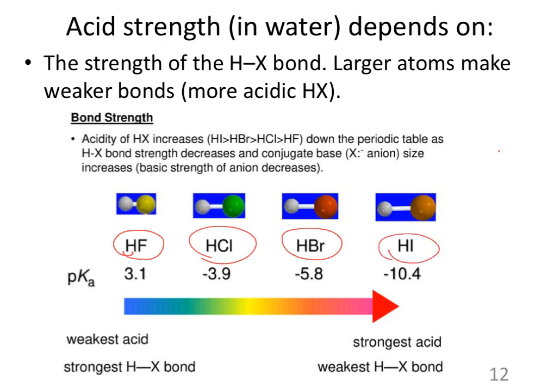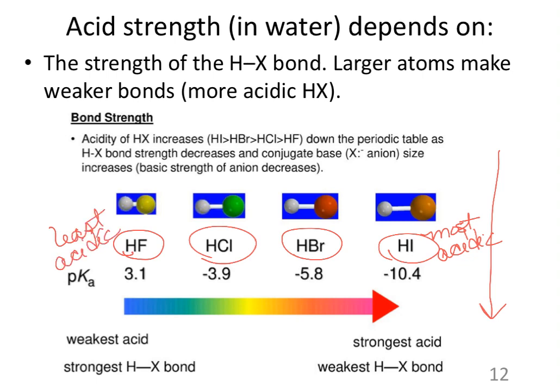So really what we're doing is we're going down the family of halogens. It turns out that hydrogen iodide is most acidic of these four. And of these four, hydrogen fluoride is least acidic.